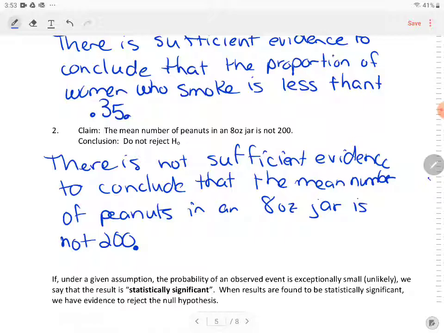So notice, we do not reject H0. So there is not sufficient evidence to conclude that the mean number of peanuts in the jar is not 200.